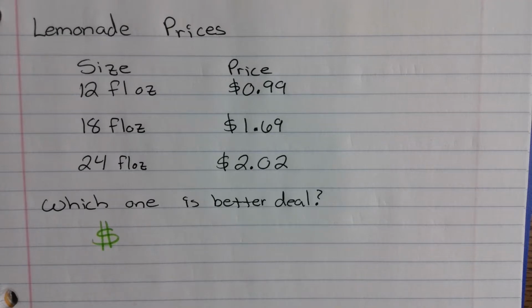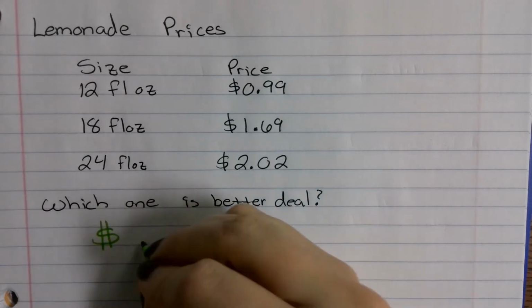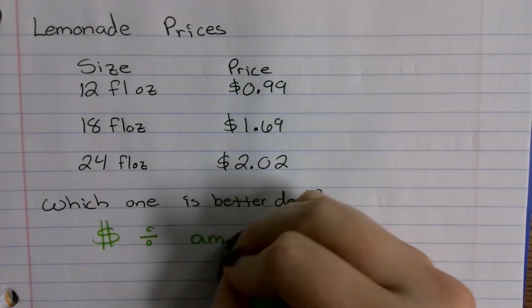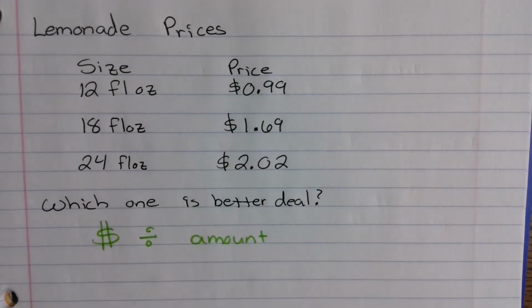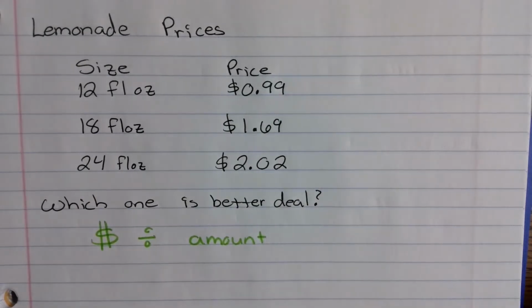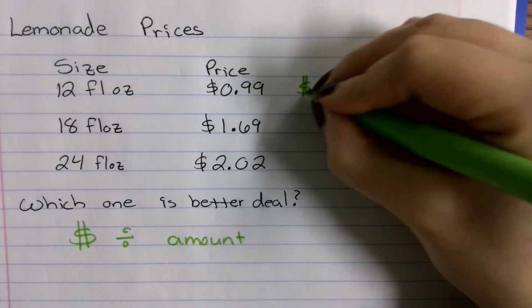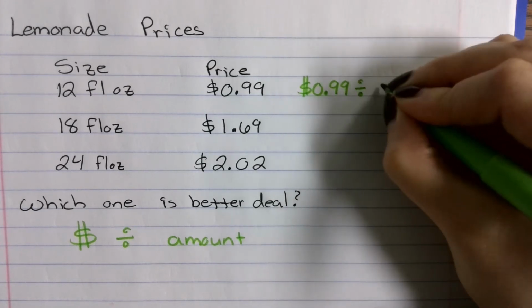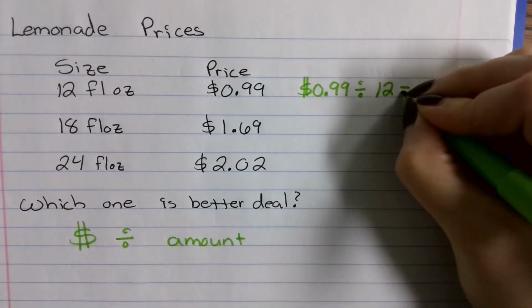This is where people make a mistake. You have to take the price and divide it by the amount, the items. That means for here, I'm going to take 99 cents and I'm going to divide it by 12.